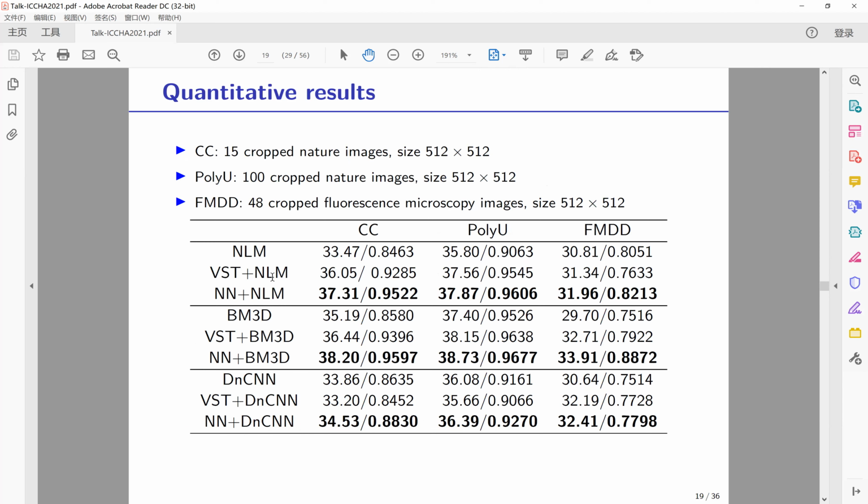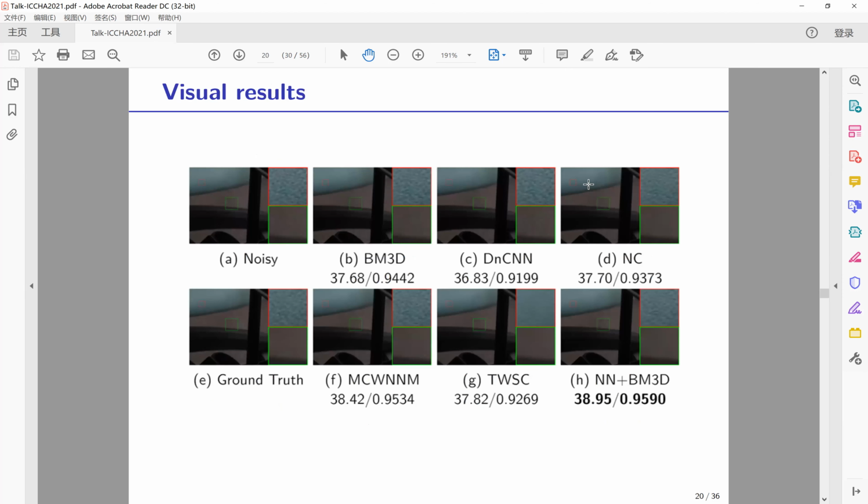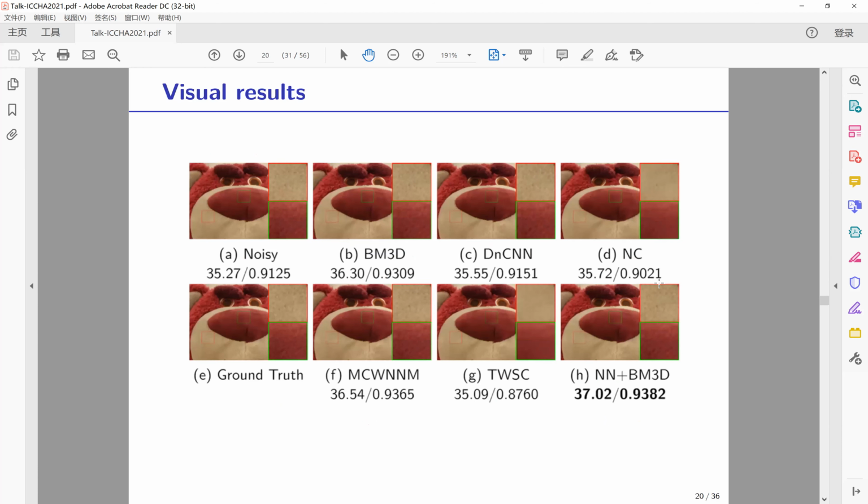From these results, we can see that our method boosts these classical methods by a large margin. Okay, here are some visual results, and we can see some detailed comparisons. Due to the time limit, I think I should speed up.